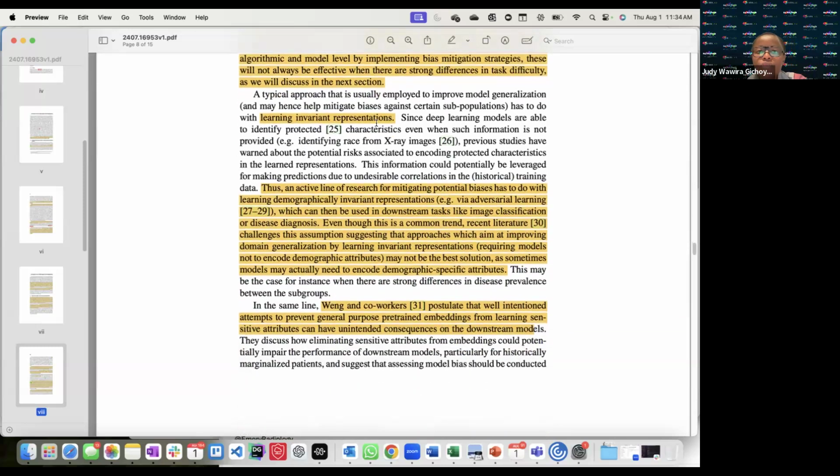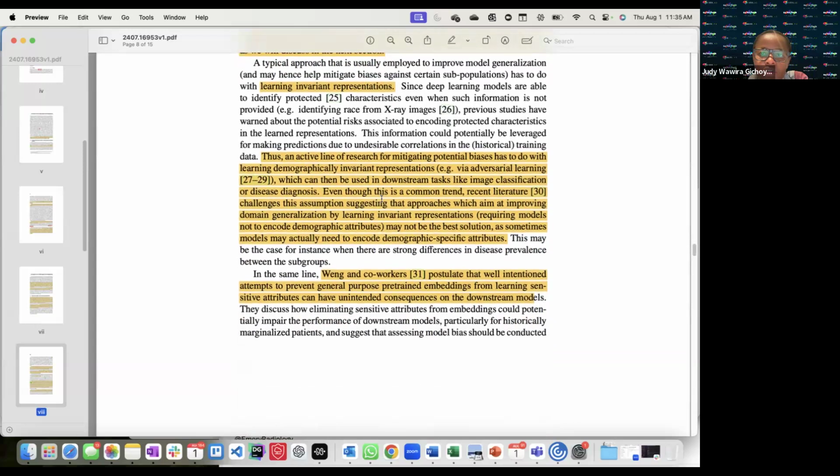Again, this is about encoding the protected attributes, and an active line of research is to deal with these biases through demographic invariant representations, which are used for downstream tasks.